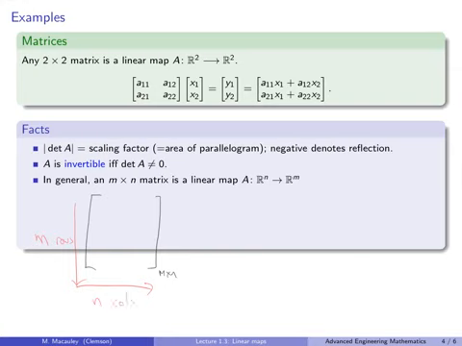So that means that these entries are A11, A12, and A1n, A21, A22, A2n, and this goes down to Am1, and then up to Amn.